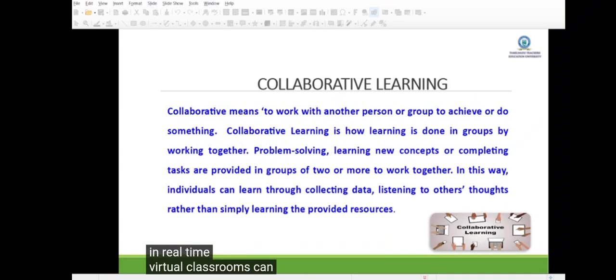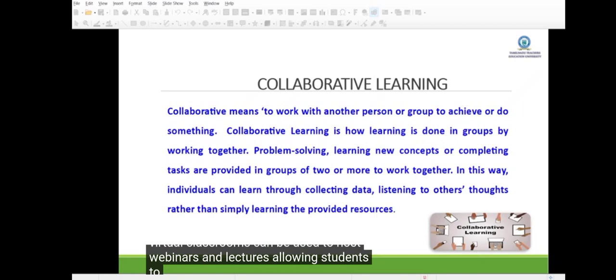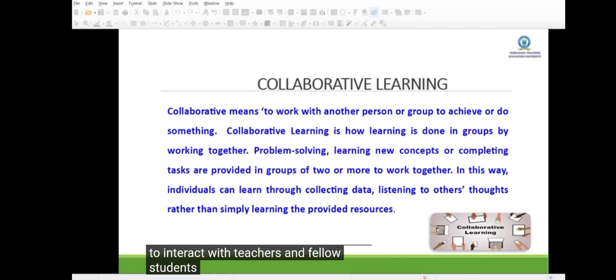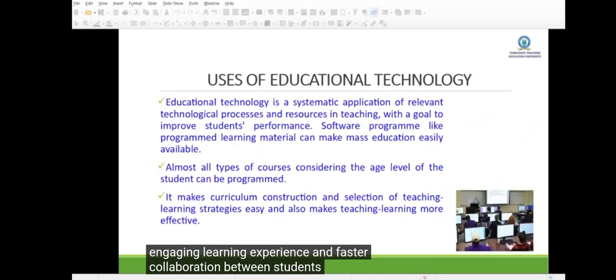Virtual classrooms can be used to host webinars and lectures, allowing students to interact with teachers and fellow students in real time. These tools can help create a more engaging learning experience and foster collaboration between students.